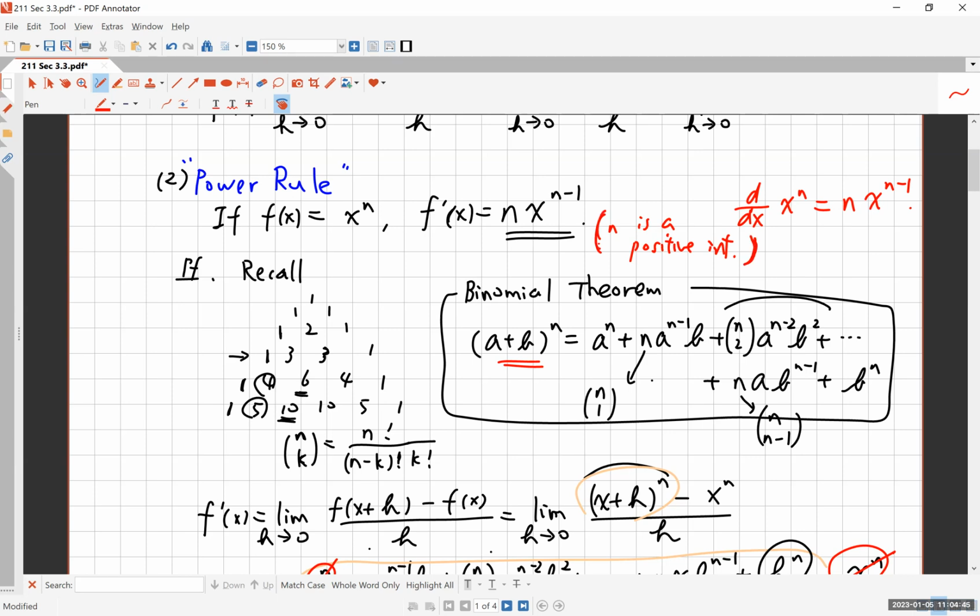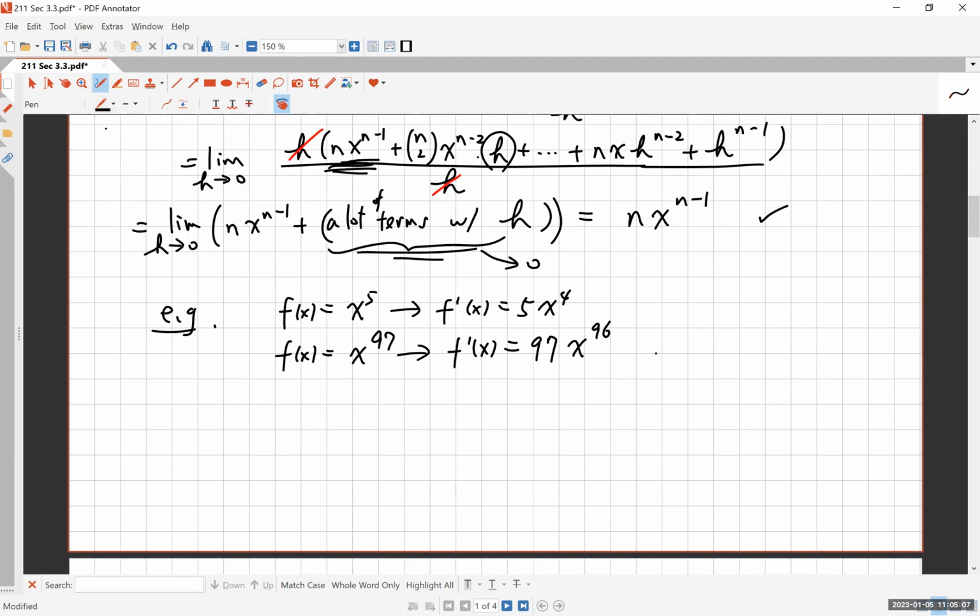If n is equal to 1, you have x, and the derivative of x becomes 1 times x to the 0th, which is just 1. So the derivative of x is equal to 1. So this works even if n is equal to 1, and certainly when n is equal to 2, 3, 4, or any other positive integer. All right, cool. So that was the second.